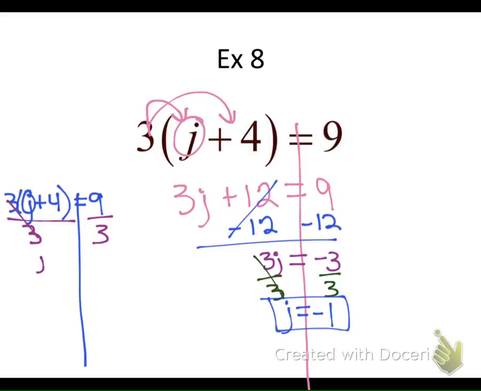Then I have j plus 4. What's 9 divided by 3? 3. Okay, how do I get the j by itself? Minus 4. It cancels, so then j equals negative 1. So, the same answer. You can either choose to distribute or not. You're still going to get the same answer as long as you're following the same steps. All right.